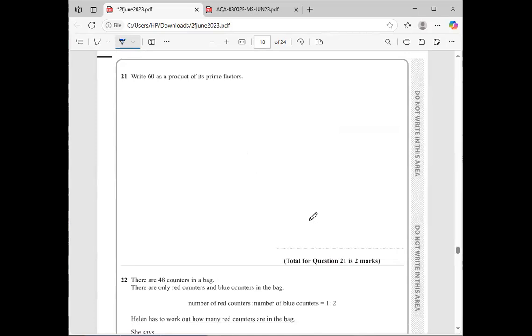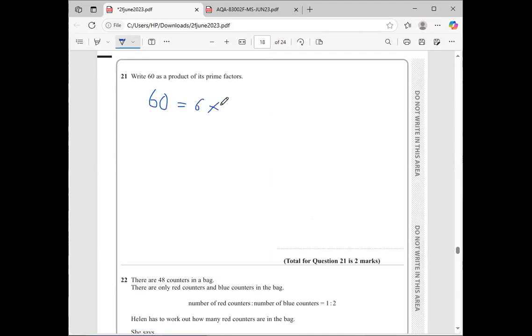Okay, this one looks like there will be something on product of prime numbers and then probability. So let me go with the product of prime factors. I'm sure you can do this, right? 60 is equal to, the easiest thing we know is 6 times 10. Am I right?